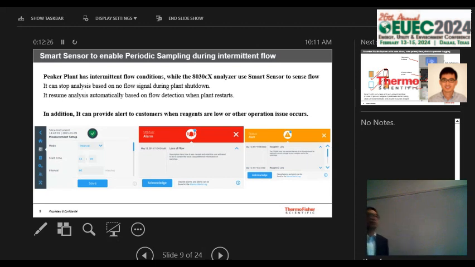If you set up alarms like, hey, anything over 15 ppb, send me an alarm, we can set it up in the analyzer to display it on my screen, send it to the DCS system or PLC, wherever you want to see it. And if reagent is low, the operator wants to know, so I need to order reagent. It will show that too, whatever alarm you like to see.